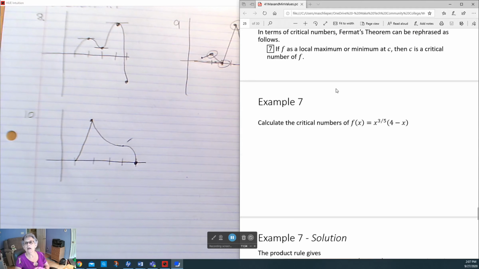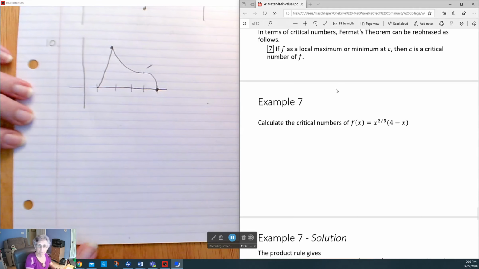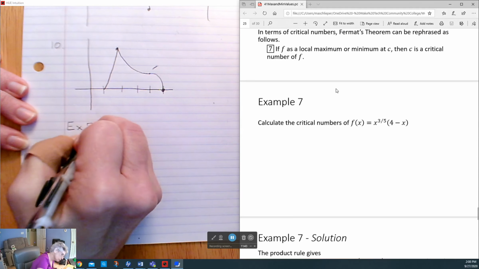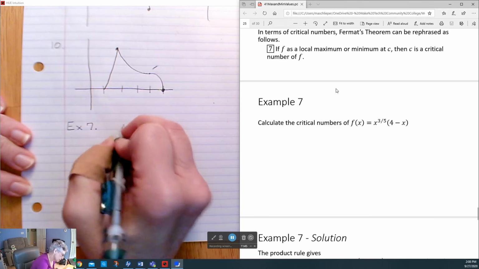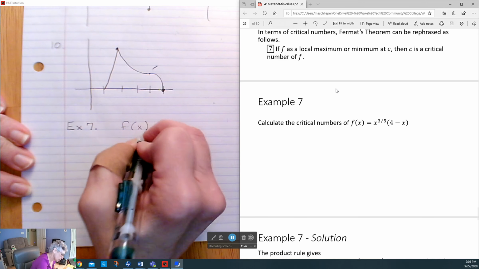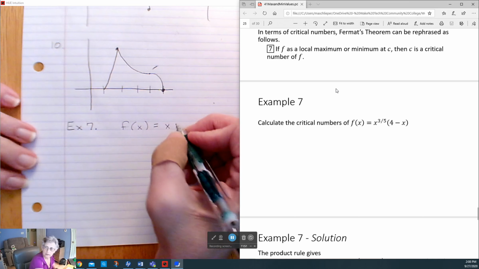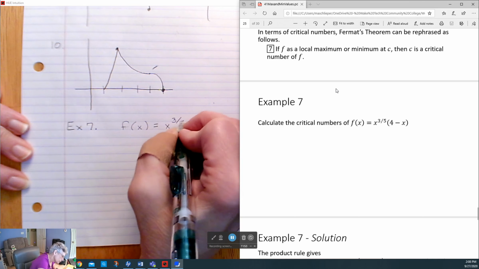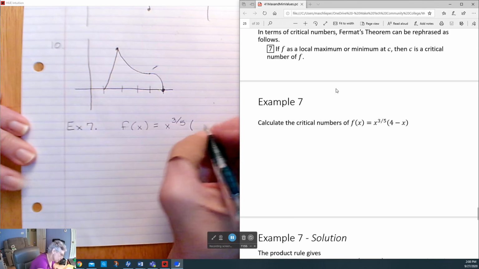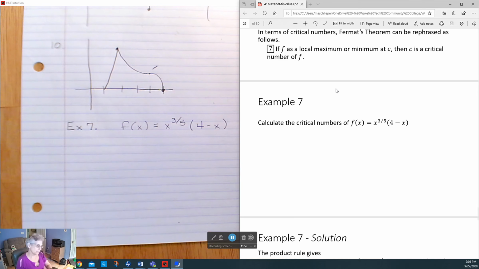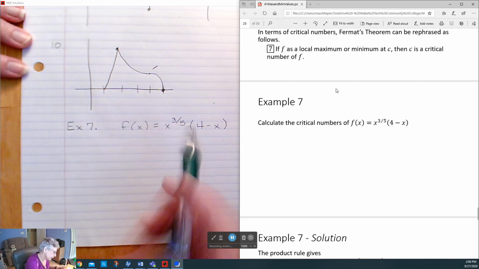Example 7. Calculate the critical numbers of this function. f of x is x to the 3/5 times 4 minus x. Well, we can use the product rule, or we can distribute.